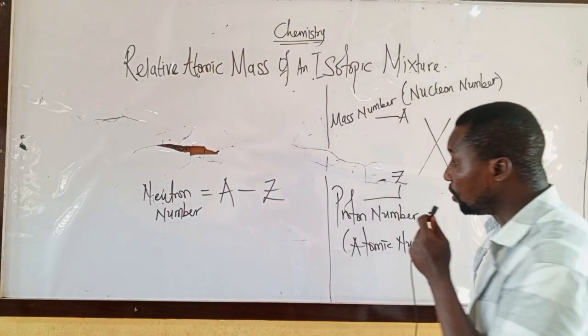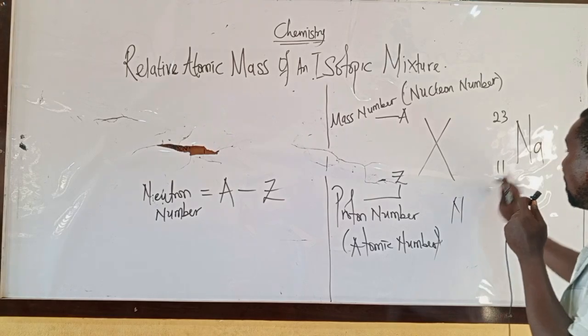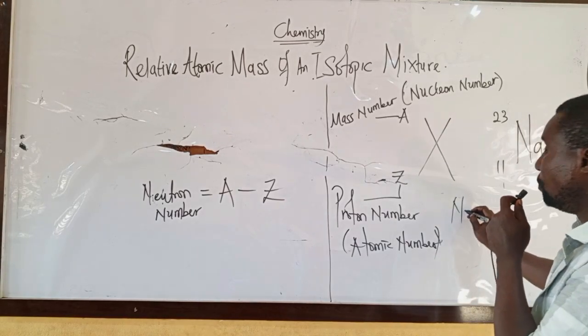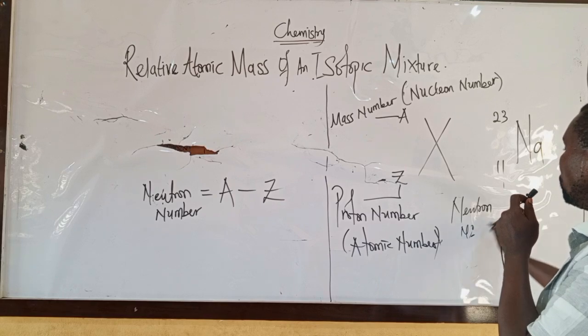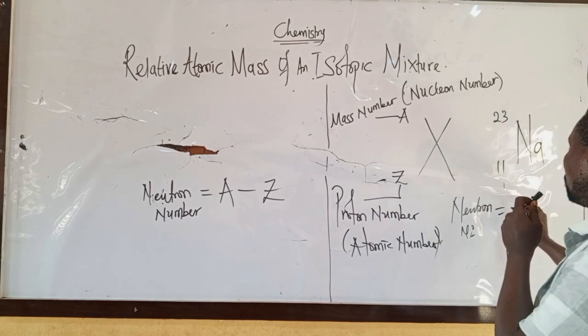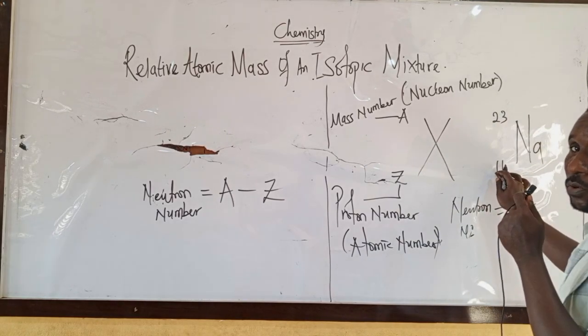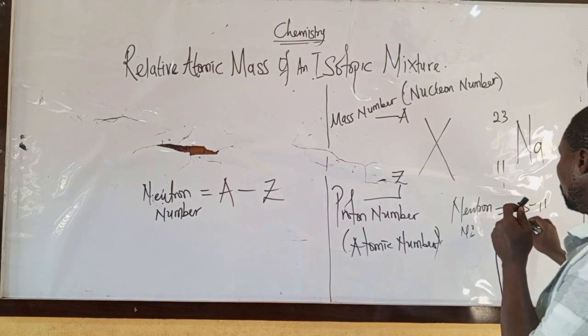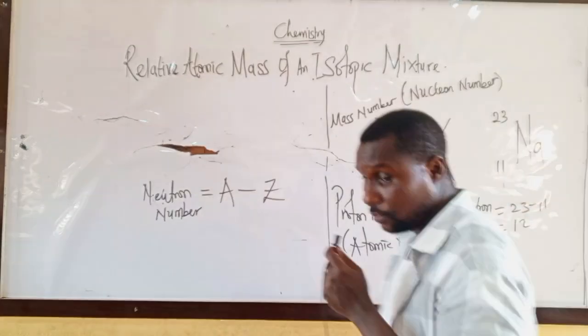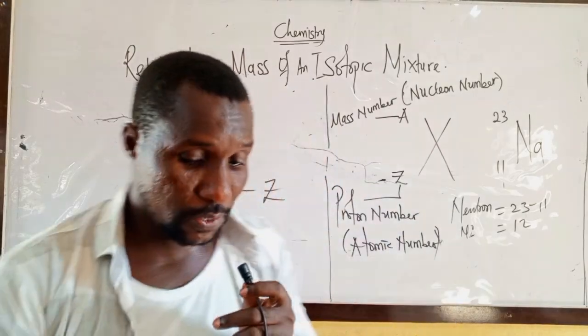Now, what will be the neutron number of this sodium atom? It will be the mass number, 23, minus the proton number or atomic number, 11. Therefore, the neutron number is 12. You have to know that.